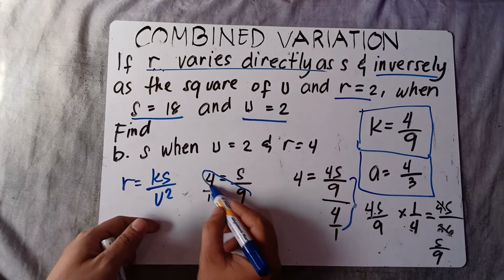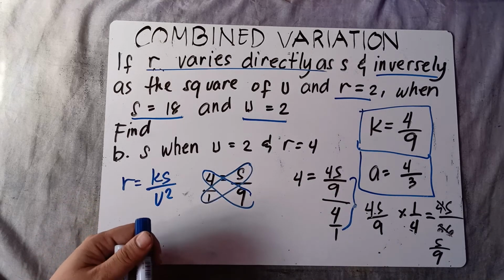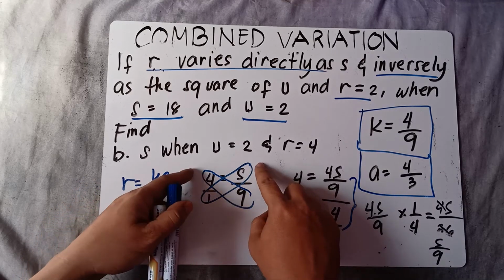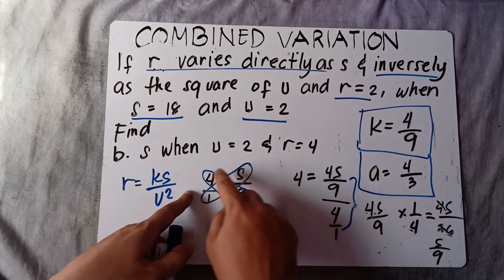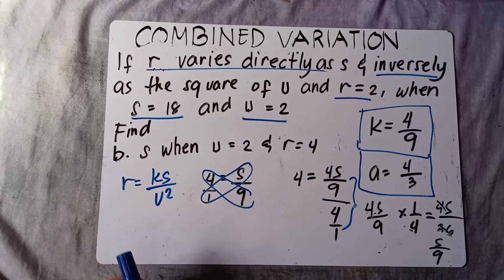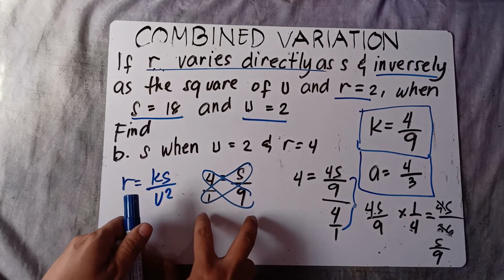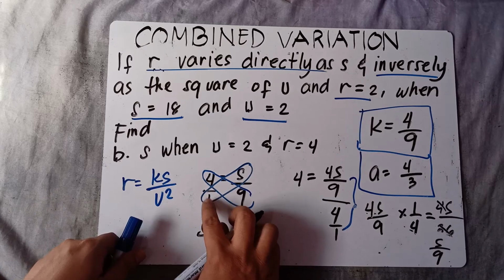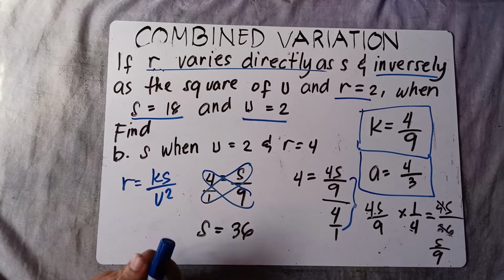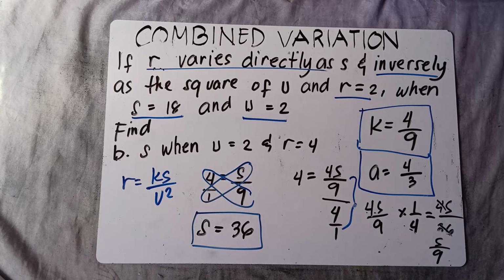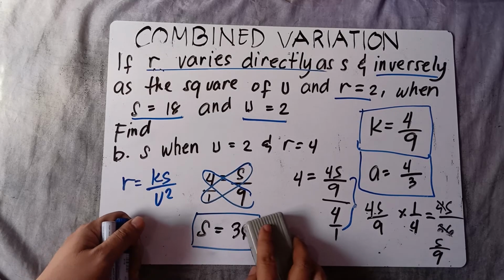So you can multiply both sides by 9 and you will get S equals 36, or cross multiply. S times 1 is S, 4 times 9 is 36. So S equals 36. Alright, for B, S equals 36.